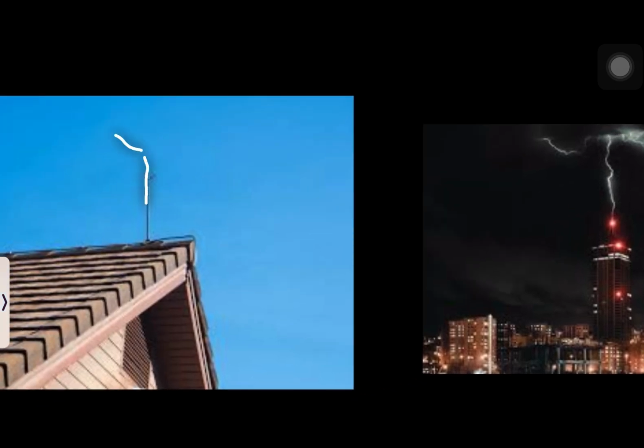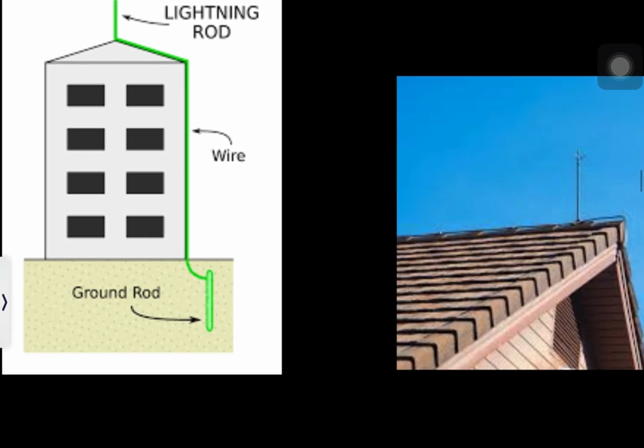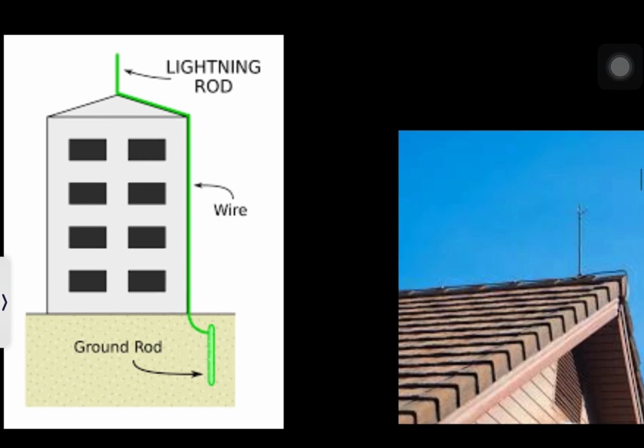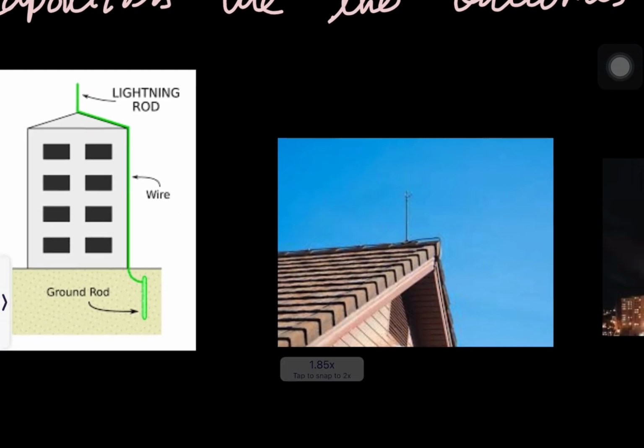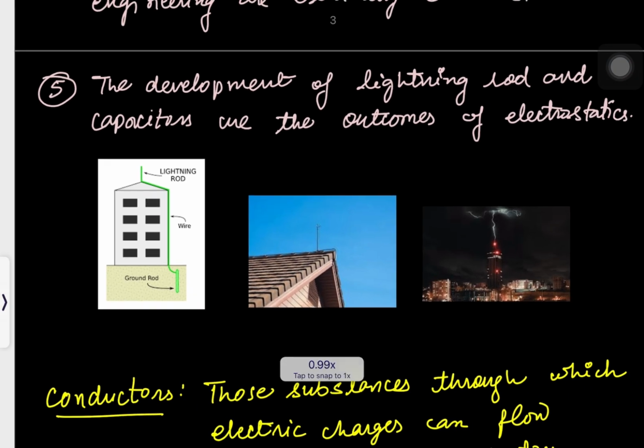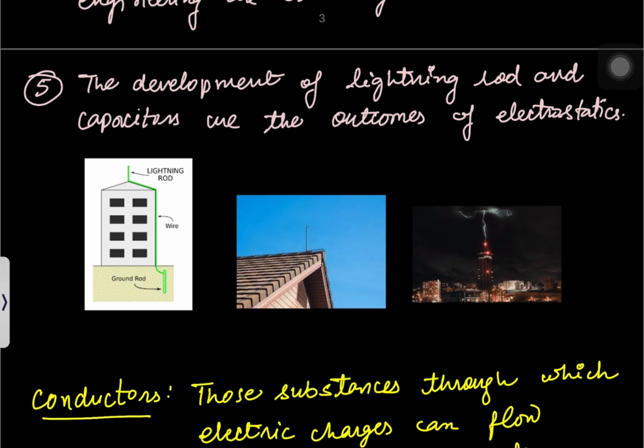This prevents the house from being electrically shocked. ये पूरा shock ले लेता है और ये underground तक connected रहता है using copper plate. So we will be going to cover the lightning rod in the last phase of this particular unit. So it's a very interesting concept.